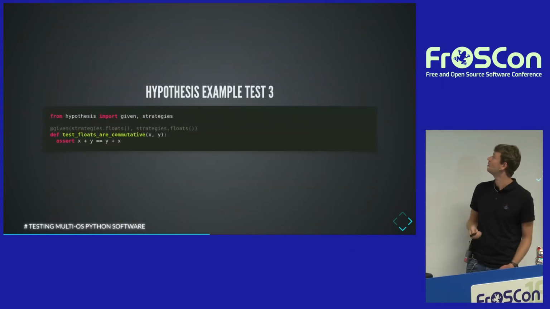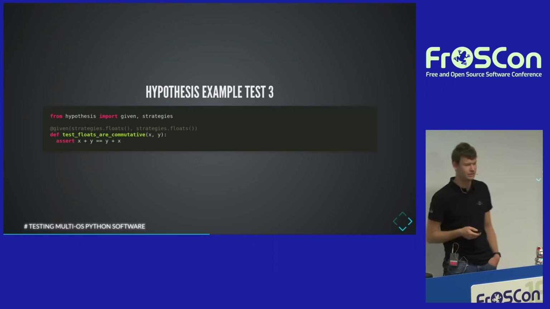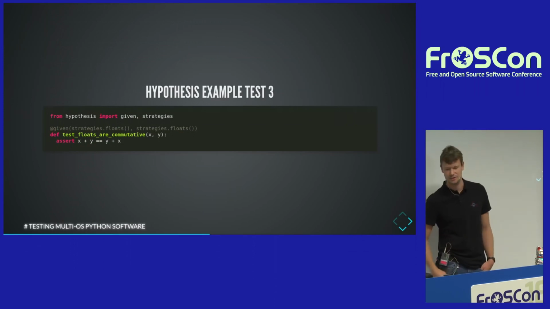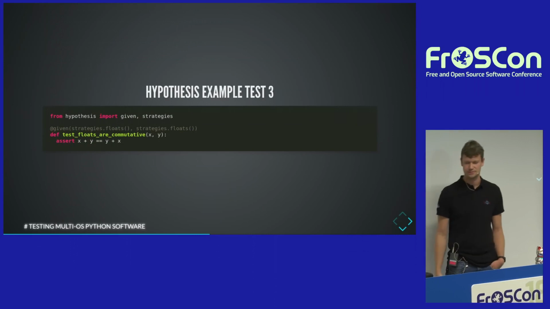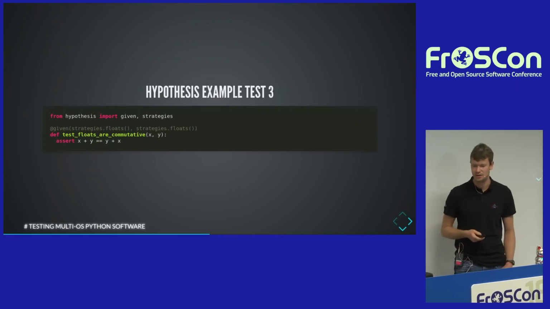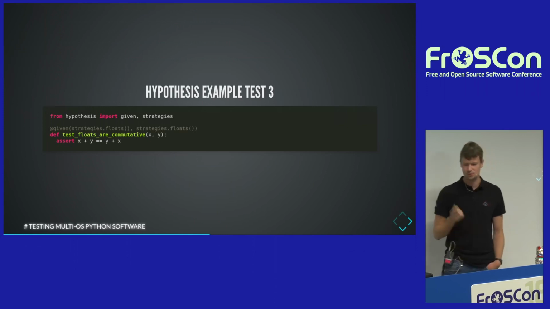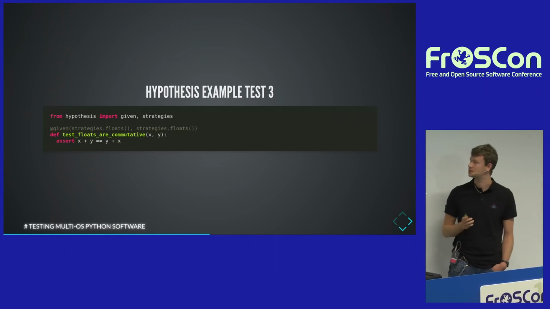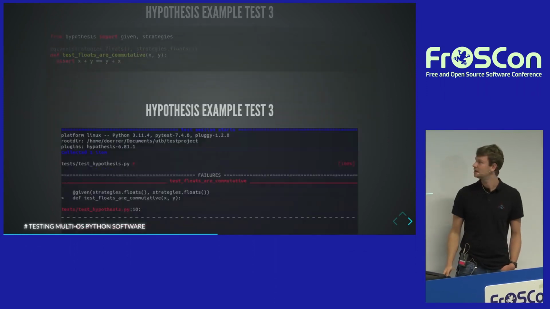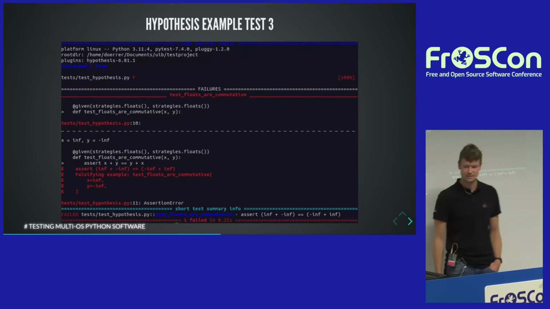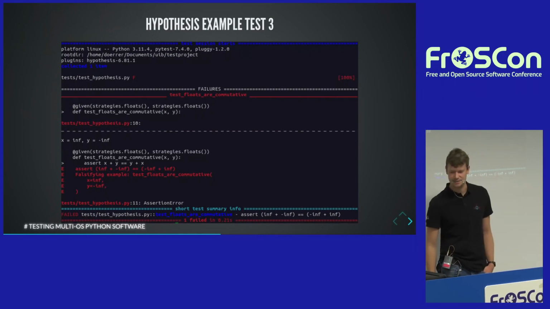And what happens if we check the same thing with floats? So same thing. We have 2 floats that we create here. And we check whether x plus y is the same as y plus x. And the result is that it isn't.